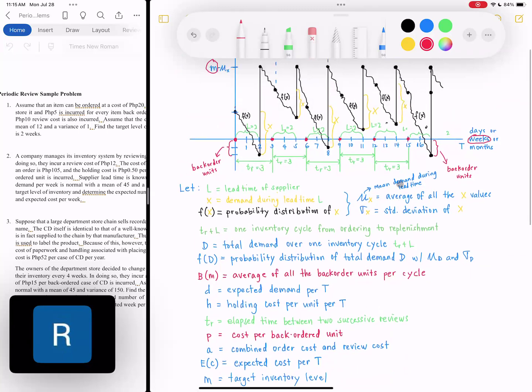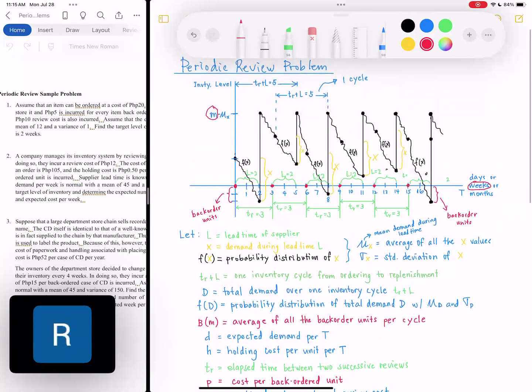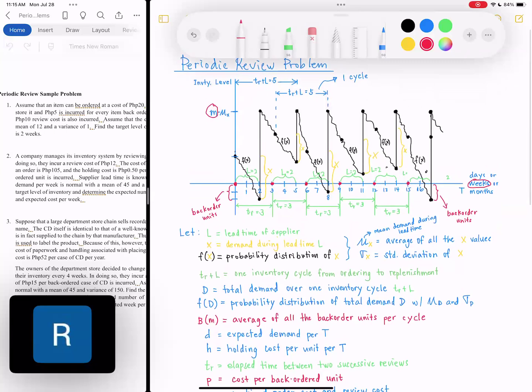So you will see that when you replenish your inventory, the level will just be M minus mu of X. Okay? Since this demand, this black line here, the demand during lead time that depletes your inventory upon review, okay, is denoted as X. There is a probability distribution f of X, this black line here, okay?